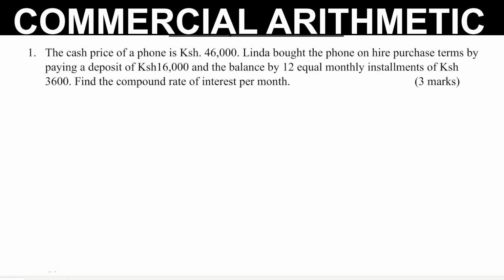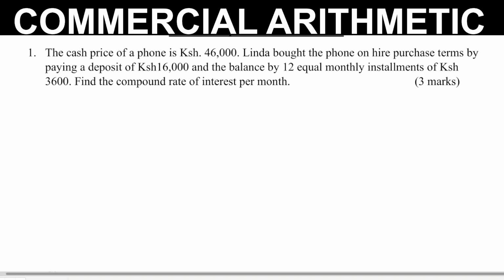So the first thing we're going to do is to get the balance after Linda paid a deposit of 16,000. Remember, the cash price is 46,000, but Linda bought it on hire purchase terms by first paying a deposit of 16,000.